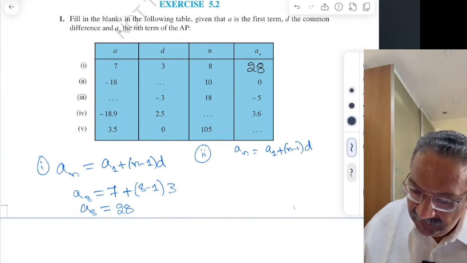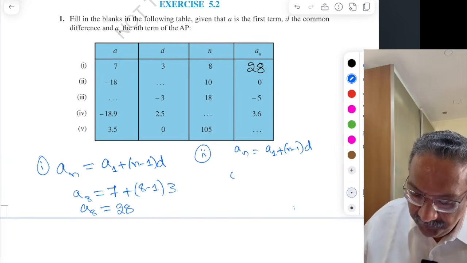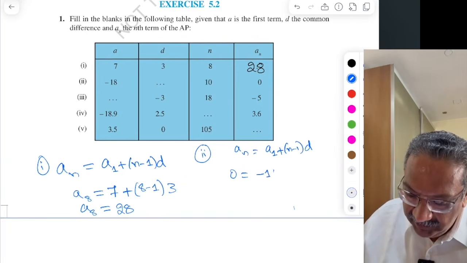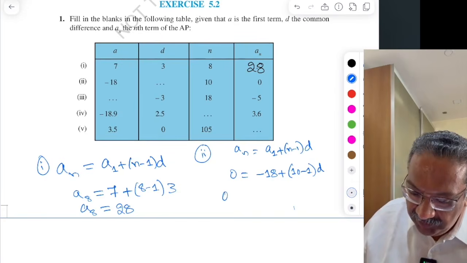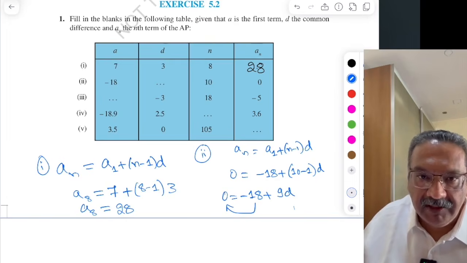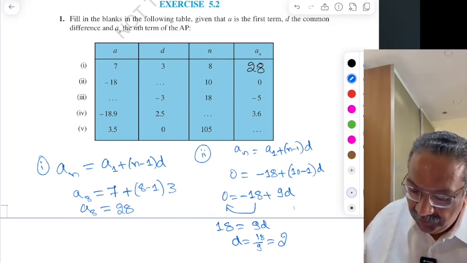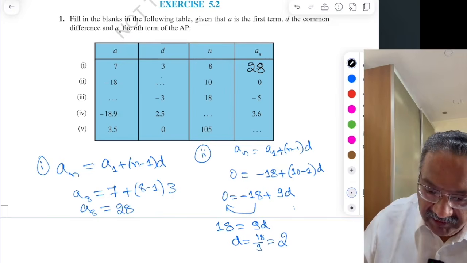AN is 0 and A1 is minus 18, n is 10, 10 minus 1, and they have asked for D. So 0 is equal to minus 18 plus (10 minus 1) which is 9D. Minus 18, if it comes this side, it becomes plus. So 18 is equal to 9D. D is equal to 18 by 9, which is 2. So the answer here is 2.